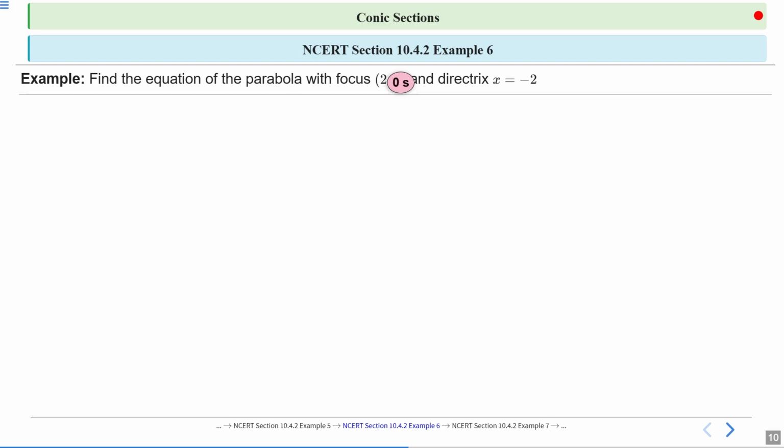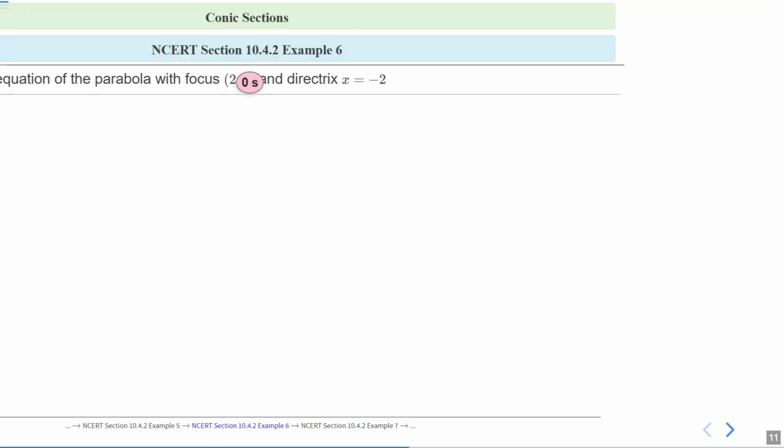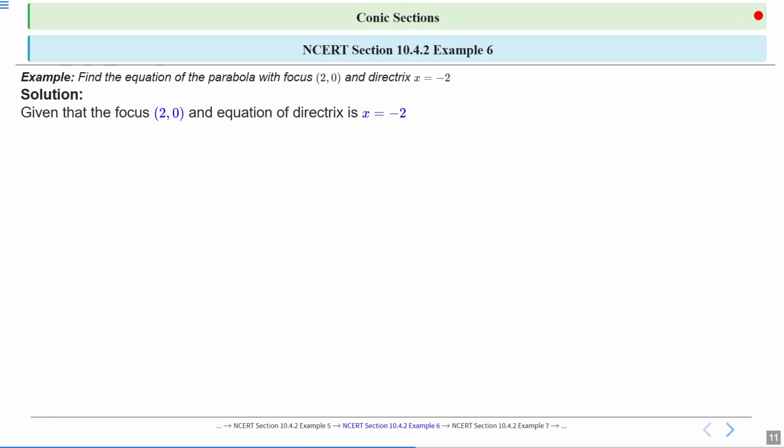Okay students, now we will solve this example. Given that the focus is 2 comma 0 and the equation of directrix is x equal to minus 2, what can you guess? The focus lies on the x-axis, since any point on the x-axis is in the form a comma 0. The focus is given as 2 comma 0, so the focus lies on the x-axis, which implies the x-axis is the axis of parabola.